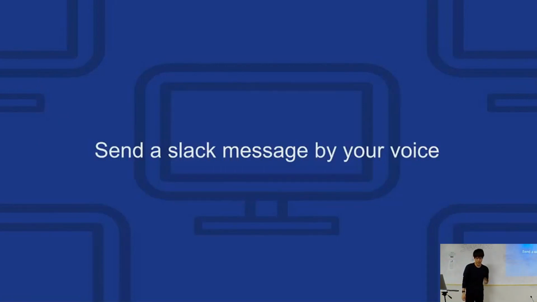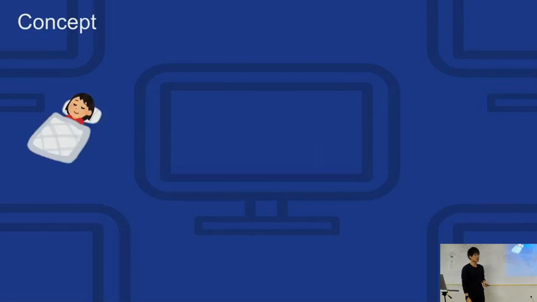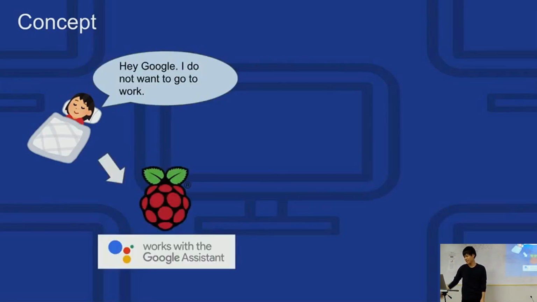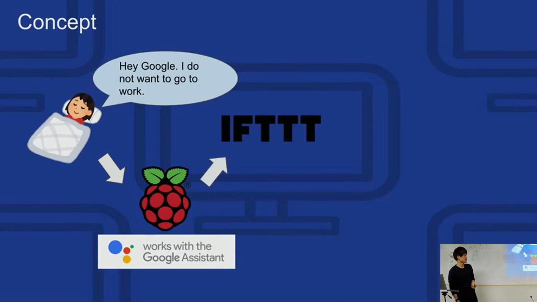Okay, the first example is send a Slack message by your voice. Here is the concept of the application. When you wake up in the morning and you feel you do not want to go to work, then you say, "Hey Google, I do not want to go to work." Then your speaker listens to your voice and recognizes it, and your smart speaker calls the Google Cloud.